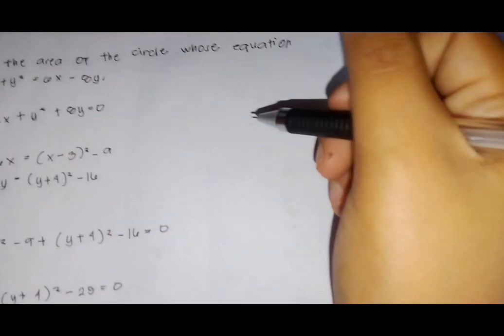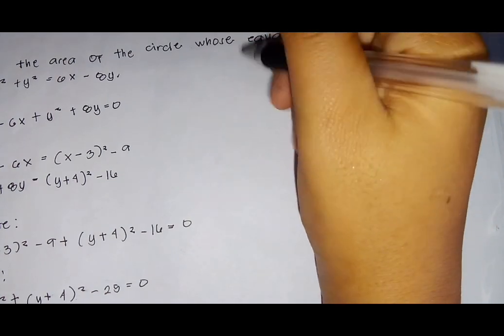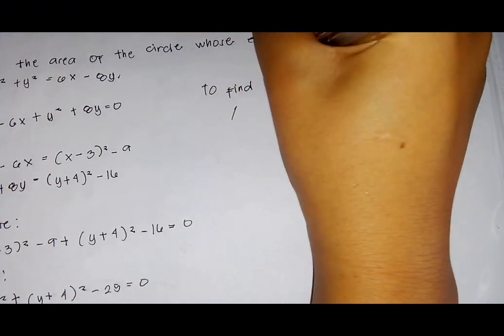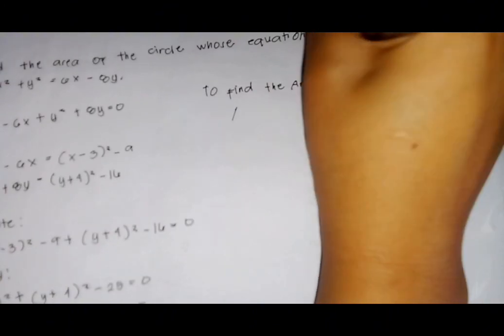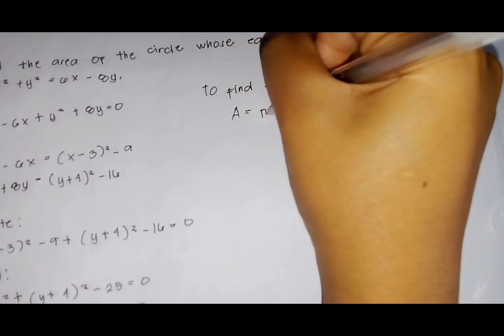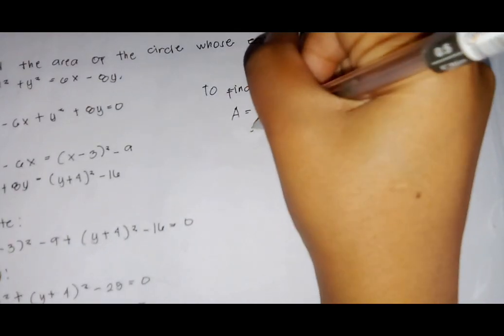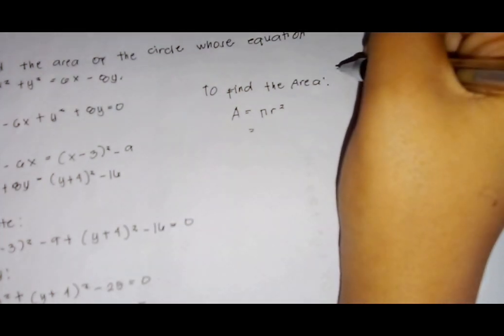So to find the area of the circle, we can use the formula: area is equal to pi r squared. We already have the radius, which is 5.